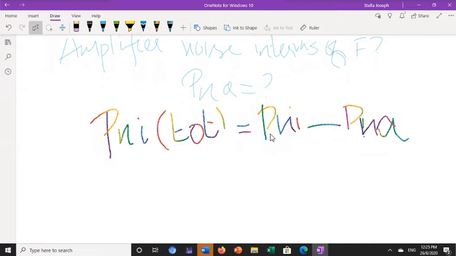We are calculating the total noise power by getting the difference between the input noise power and the amplified noise power. So for this we need to find out what is F. What is F value?